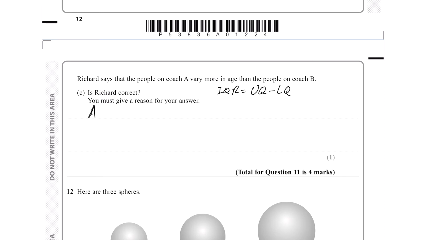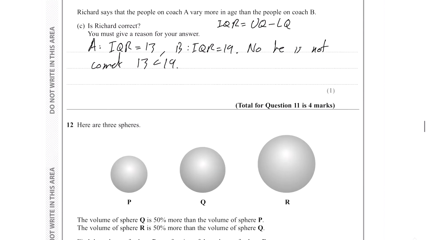For A, the interquartile range becomes 13, and for B, it becomes 19. So you can see there's more variation on B than on A. So Richard is not correct, because 13 is less than 19.